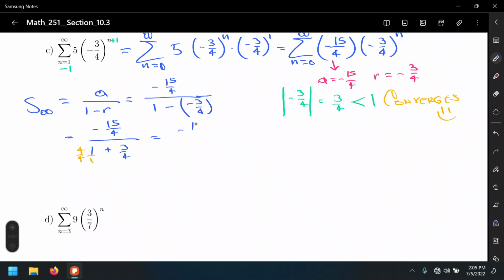So negative 15/4 over 7 over 4. Dividing by a fraction is the same as multiplying by the reciprocal. Then just cancel the 4's, and our final sum is negative 15 over 7. And yes, we can get negative values for infinite sums.